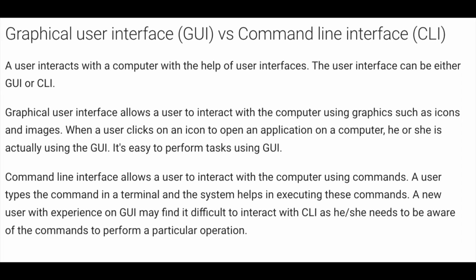These commands are run in a terminal, and with the help of the system, these commands are executed. A user familiar with GUI will find it difficult to use CLI as he is not aware of how and what commands to use to perform a particular operation.